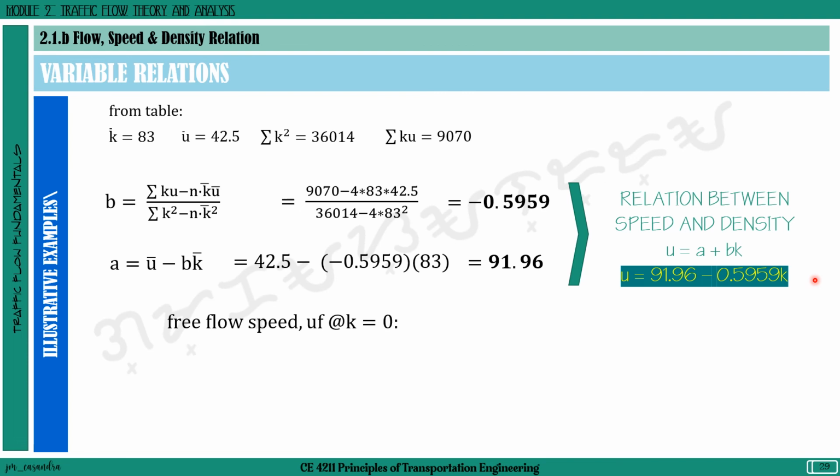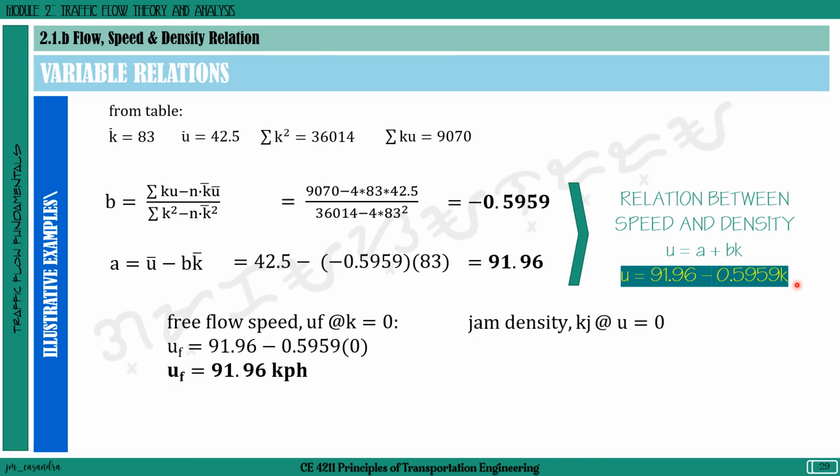Okay, so for free flow speed, that will now be U sub f, that is when K is equal to 0. So just substitute K equal to 0 in this equation. So the free flow speed will simply be 91.96. And then for your jam density, K sub j, that will happen when U is equal to 0. So substitute U equal to 0 in our derived equation.